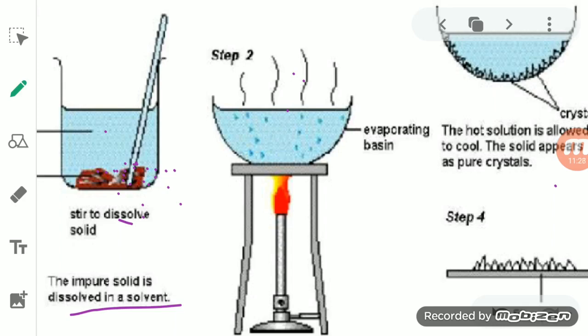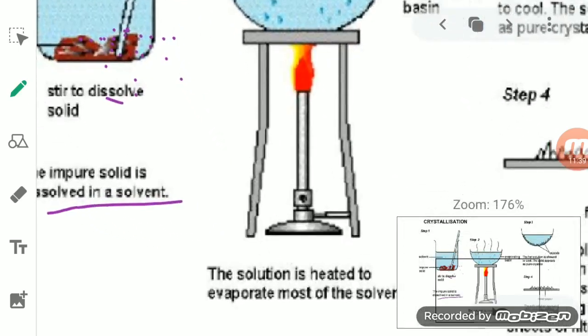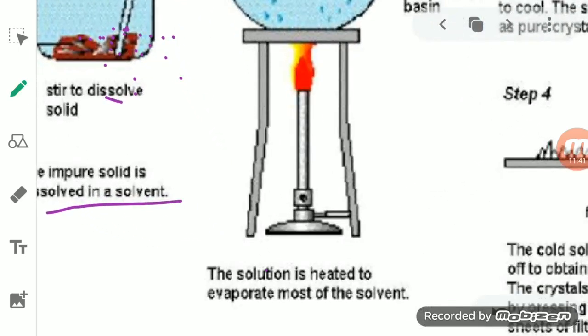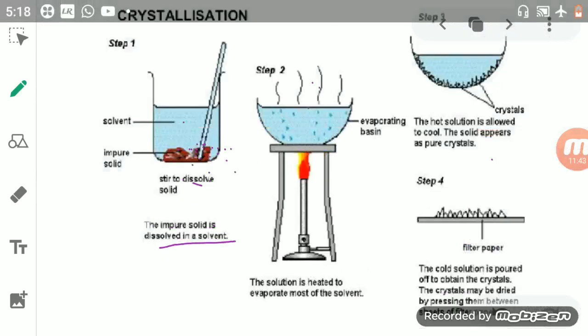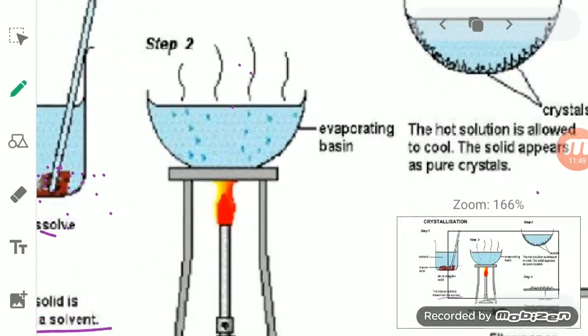We will heat it continuously till we get a saturated solution. The solution is heated to evaporate most of the solvent. Now you allow this hot saturated solution to cool slowly. This is the third step.